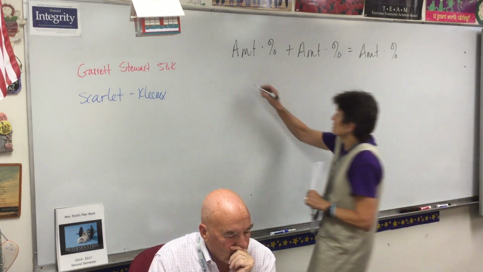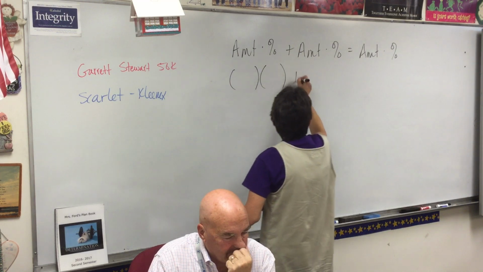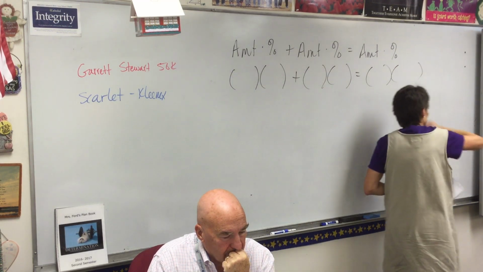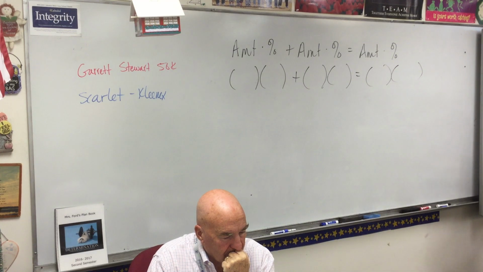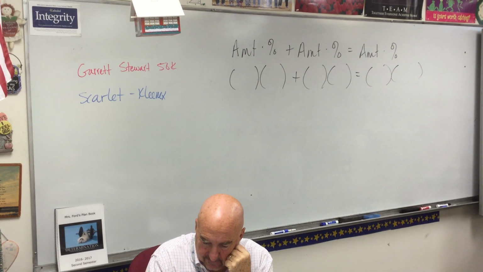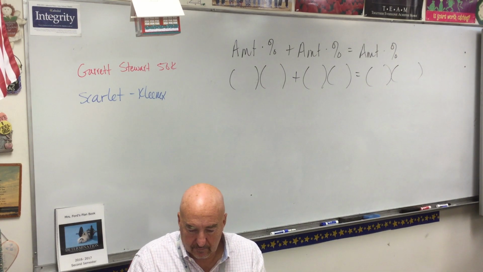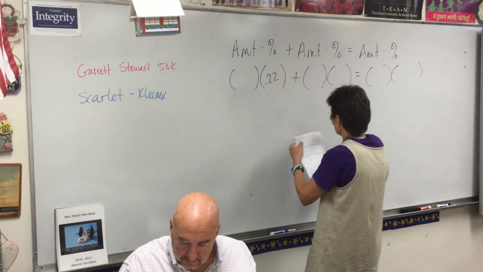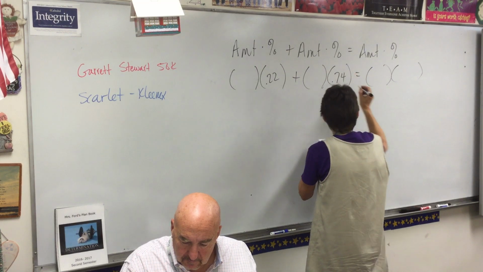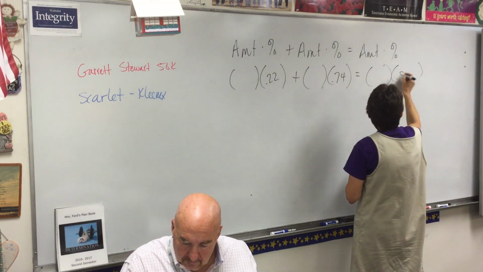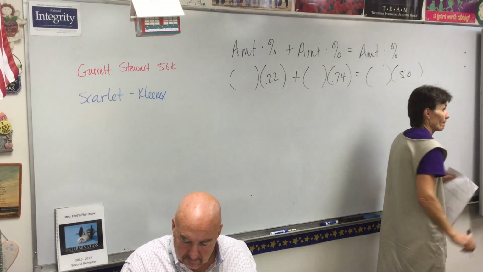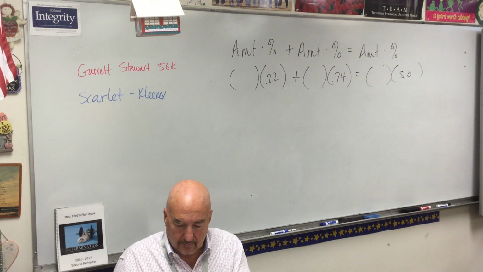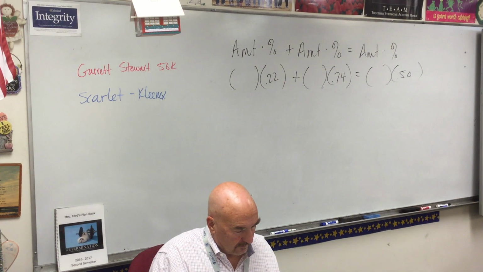Now, let's start filling in some numbers. Do I know all my percentages? I do. So I have 0.22, 0.74, and 0.50 or 0.5. Is there any question about that?